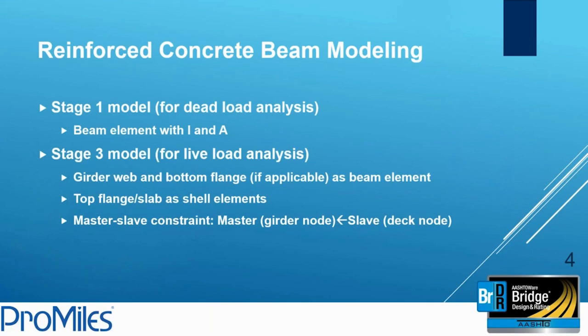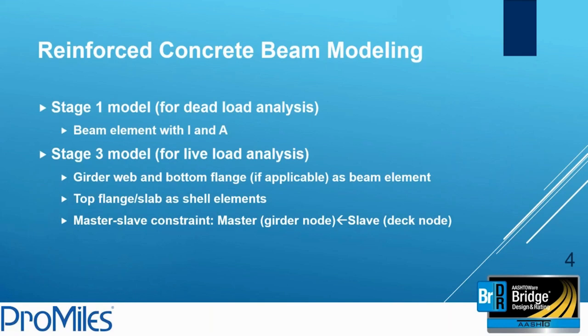The beam elements and the shell elements are connected to each other via the master-slave constraint, where the node at the girder level is the master, and the node at the deck level is a slave node. The node at the deck level is at the half thickness of the deck.